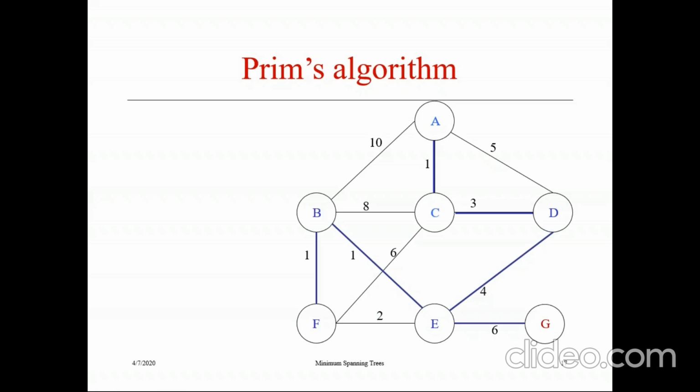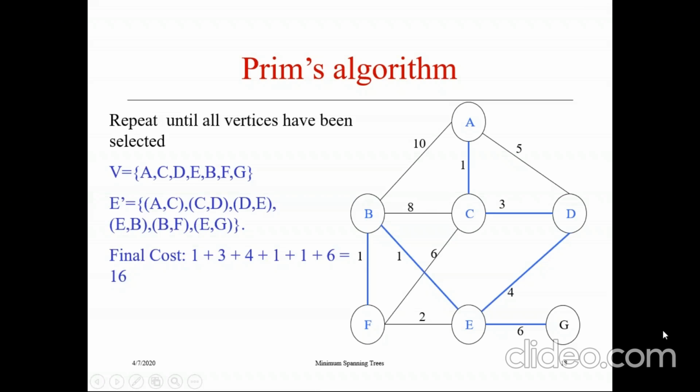You can see here, after that we have picked EG and GH. We have repeated this process till we reached the last vertex in the graph, and we have got the final vertex set as all the vertices, and the edge set has the edges with the minimum weight, and the final cost of this tree is 16.